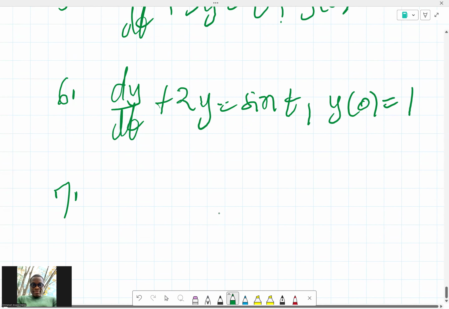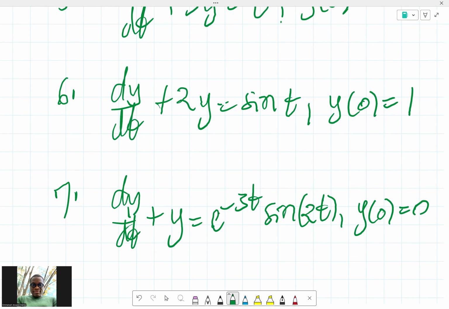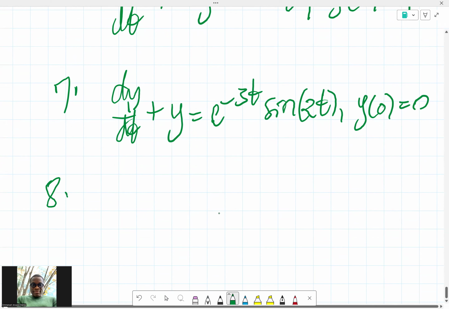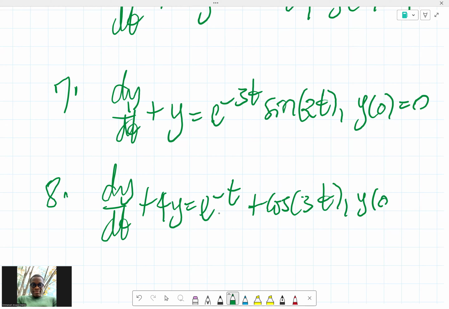Number 7, it gets more complicated, but then it's okay. dy/dt plus y equals e raised to power minus 3t sine 2t, y of 0 equals 0. Number 8, dy/dt plus 4y equals e raised to power minus t plus cos 3t, y of 0 equals 1, like that. So yeah, try your hands on this.